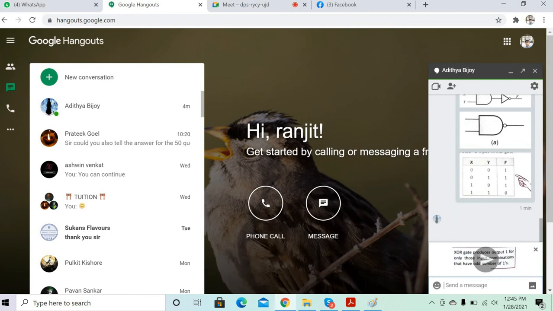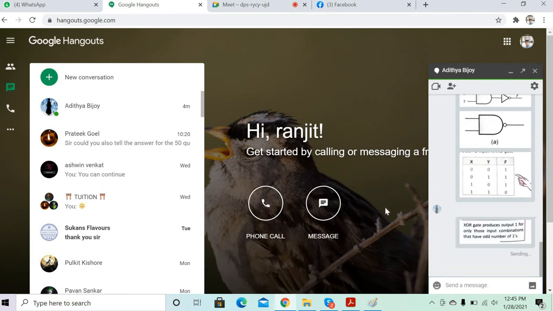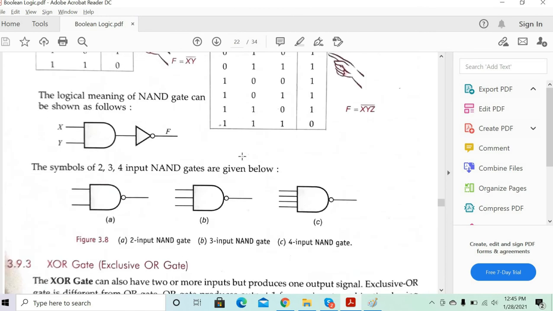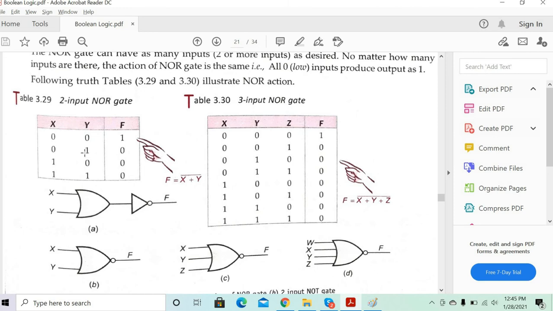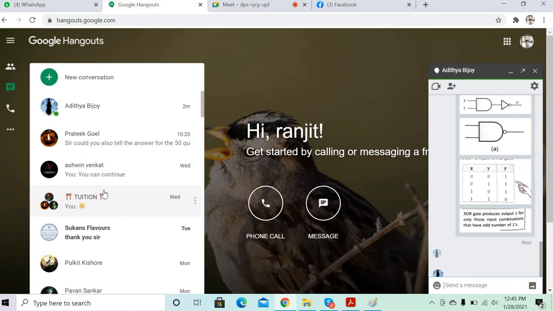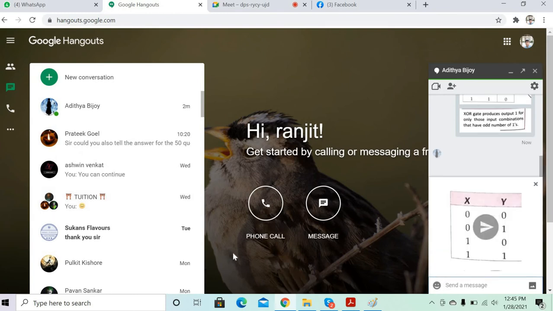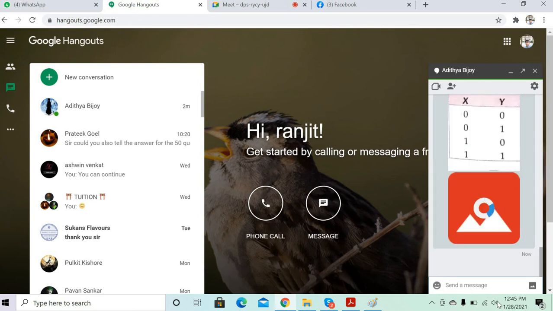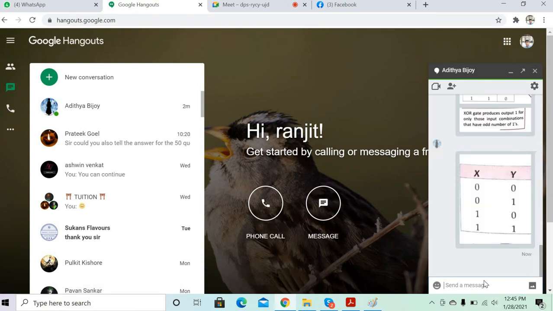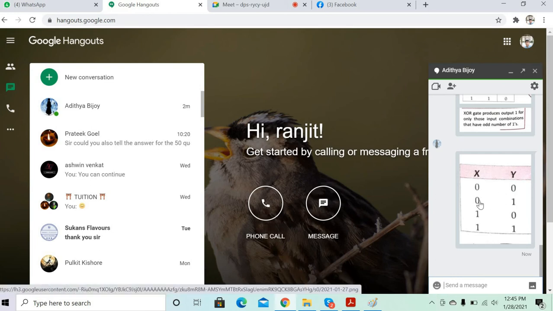So what is the output of OR gate? Let's understand the output of OR gate first. What will be the output of OR gate here? 0 0 will be 0, 0 1 will be 1, 1 0 will be 1, 1 1 will be 1. Correct? Now in the case of exclusive OR gate, which combinations have an odd number of ones?